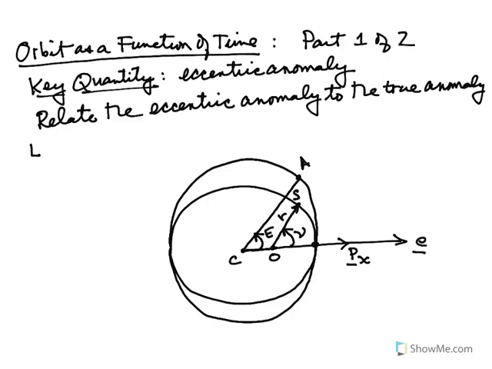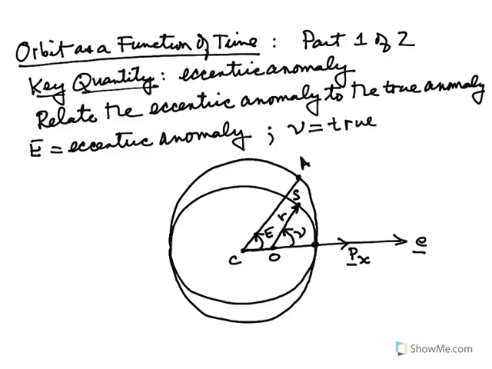So E is the eccentric anomaly. And again, recall that nu is equal to the true anomaly. Now, using this information, we can actually start describing E in terms of nu.